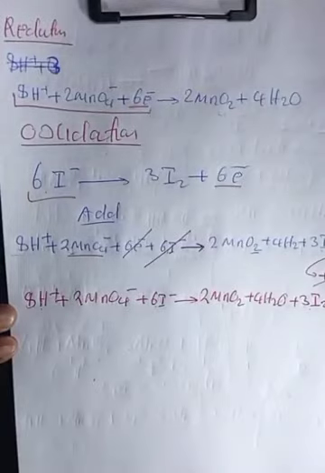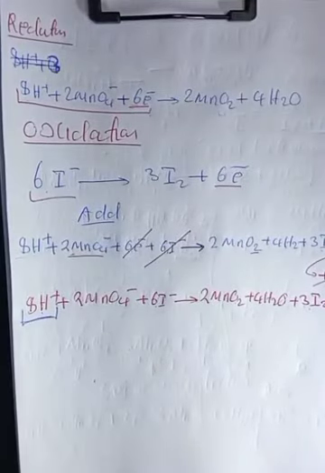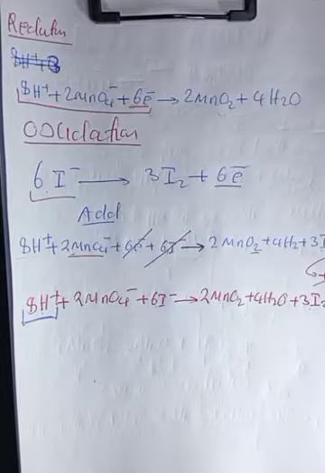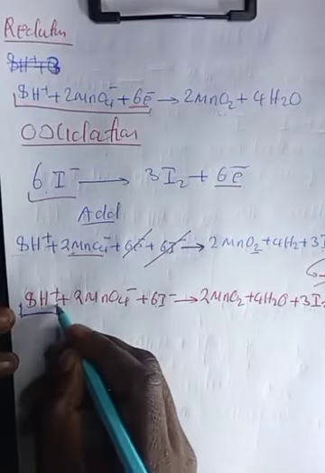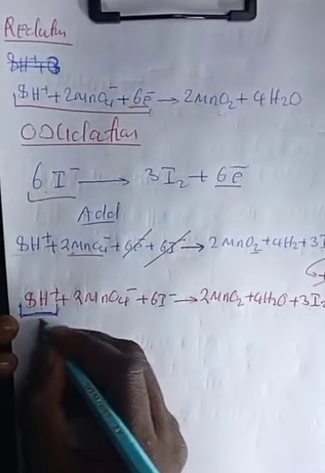Now, the presence of hydrogen ion, remember what I said: an acid is a substance that produces hydrogen ion as the only positively charged ion when dissolved in water. And we have hydrogen ion here, and everything is balanced. If you want, we can now put the state symbols.